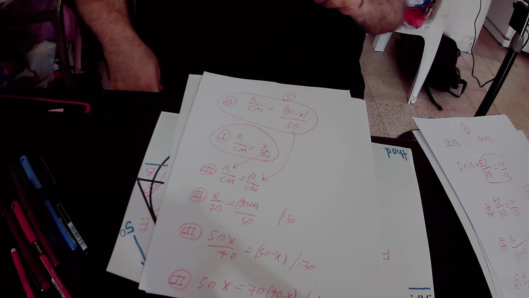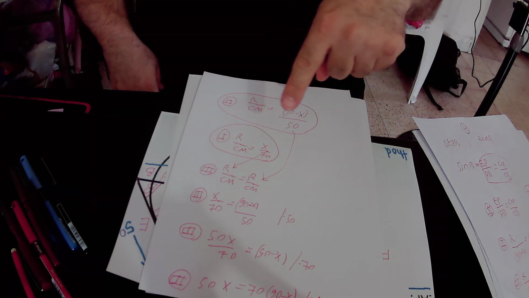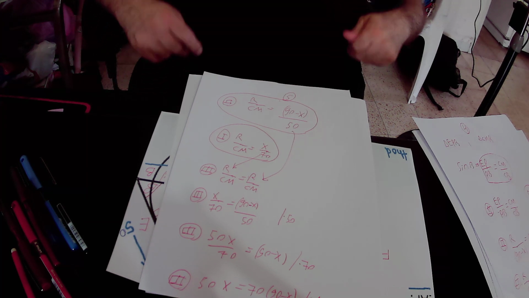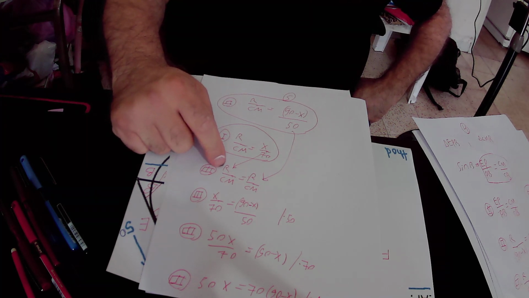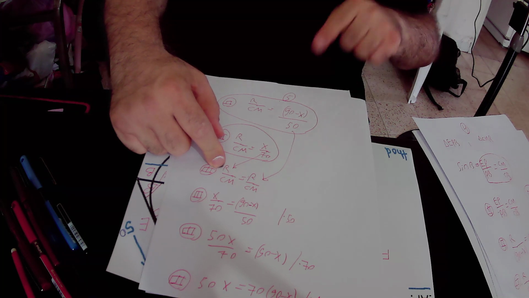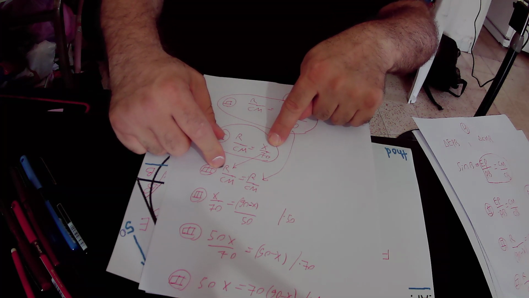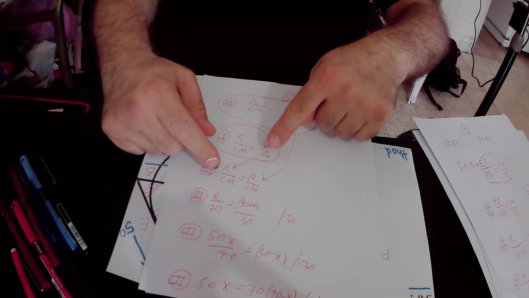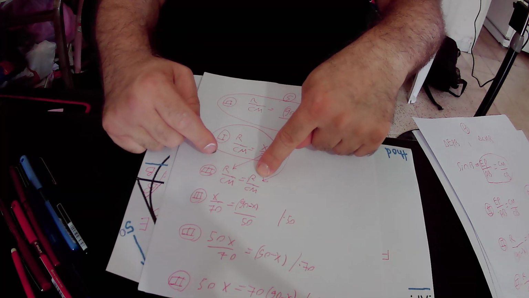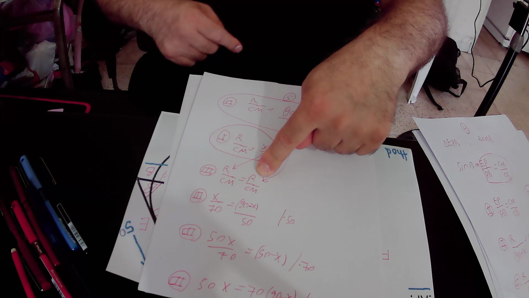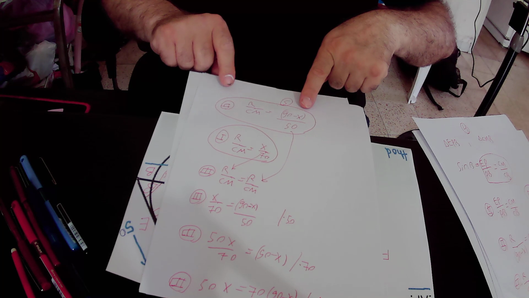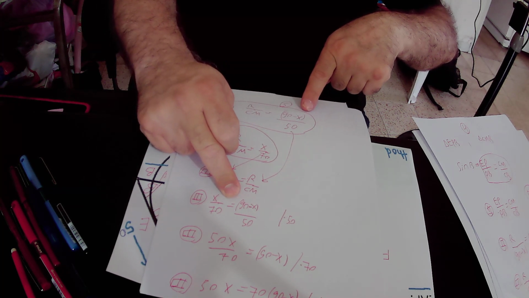So then we created the third equation that states that R over CM equals R over CM. And I substituted R over CM by the value of R over CM in the first equation, that is to say X over 70, and I substituted R over CM on this side of the equation by the value of R over CM in the second equation, that is to say 90 minus X over 50.